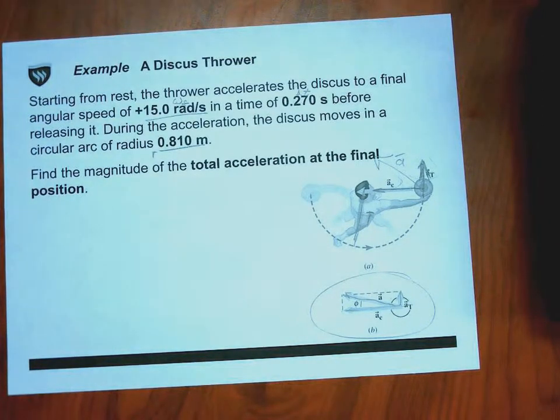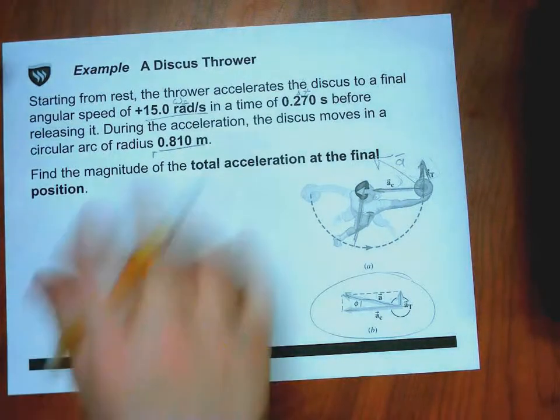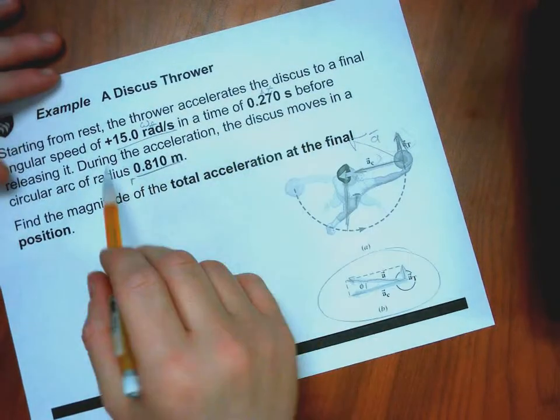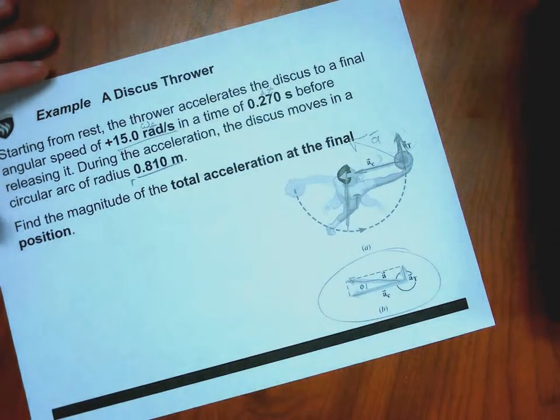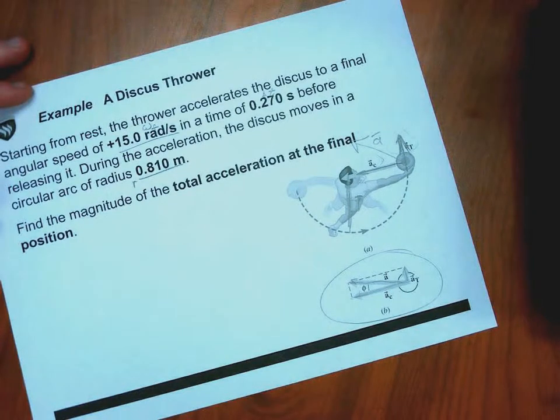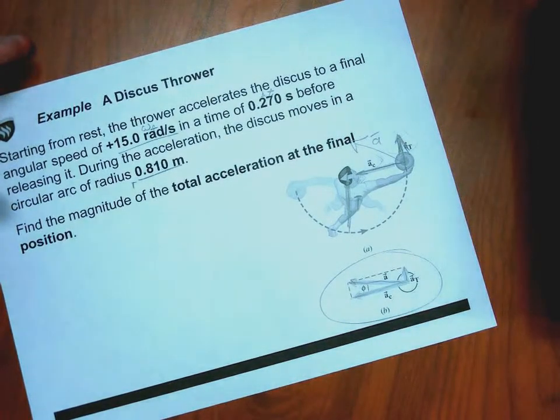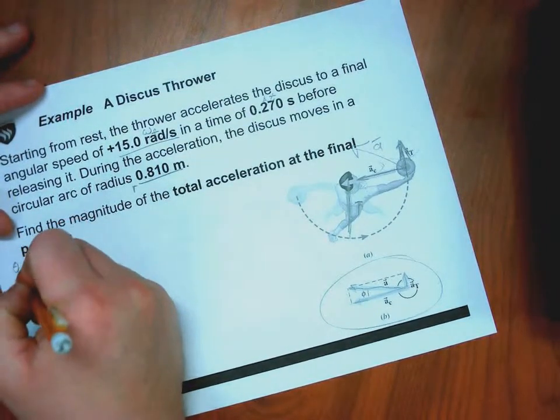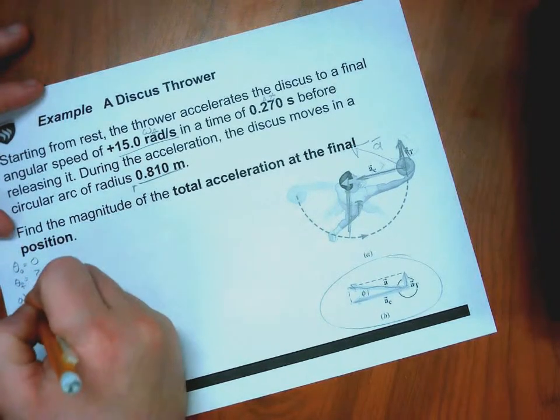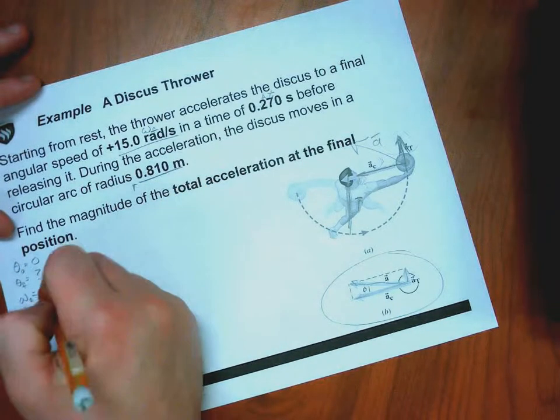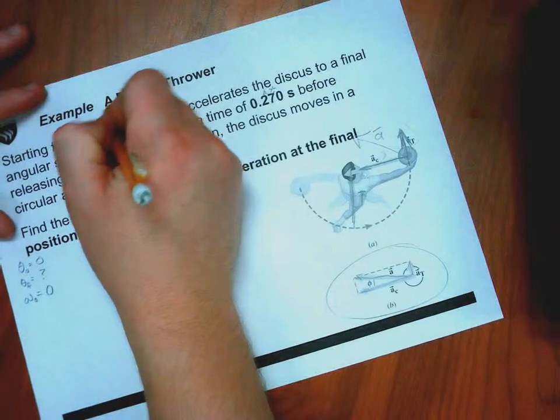All right, so let's do this. We have, let's see, angular speed before releasing. So let's write our variables down. Theta initial is 0, the final theta we don't know. The initial angular velocity is, starting from rest, so that equals 0.